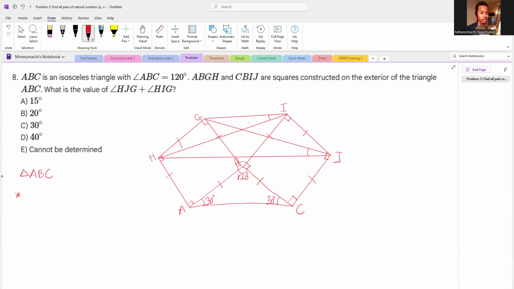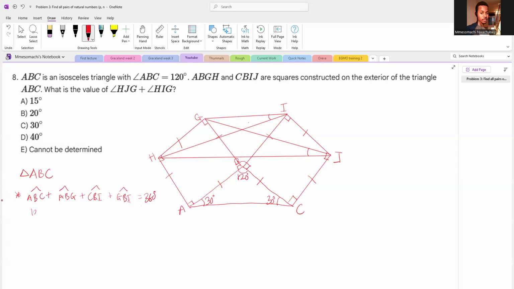Next, which is crucial to the end result in this problem, we can find angle GBI. Let's see the sum of angles at the point: angle ABC plus angle ABG plus angle CBI plus angle GBI is equal to 360 degrees.